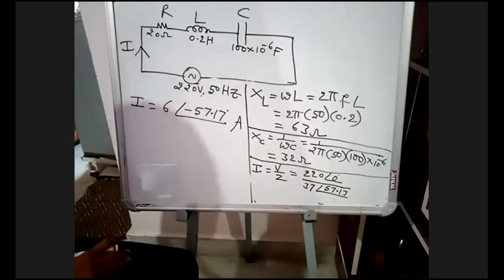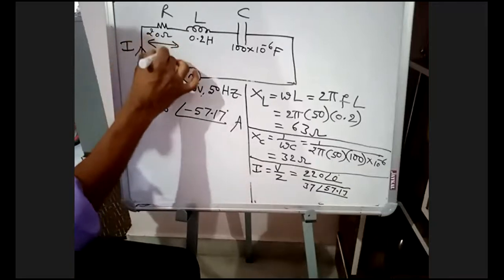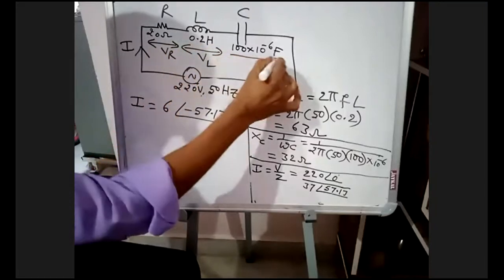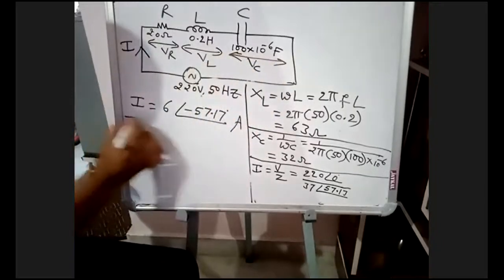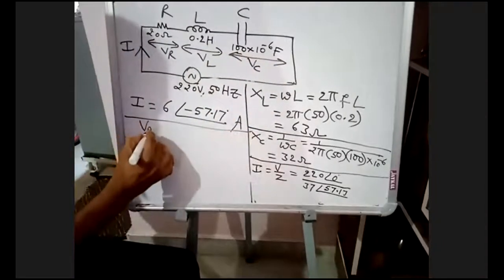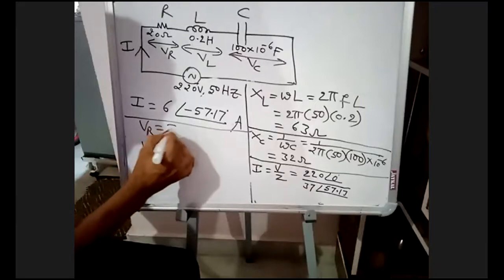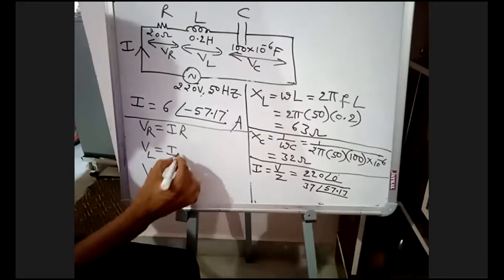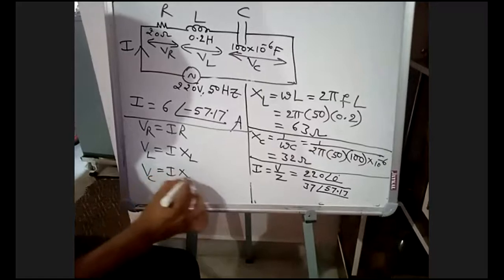Next, in the third bit, he is asking the voltage across resistance VR, inductance VL and capacitance VC. VR is equal to I into R. VL is equal to I into XL. VC is equal to I into XC.